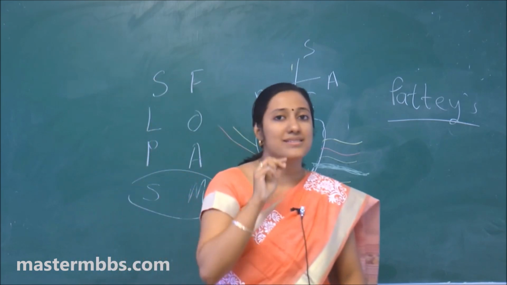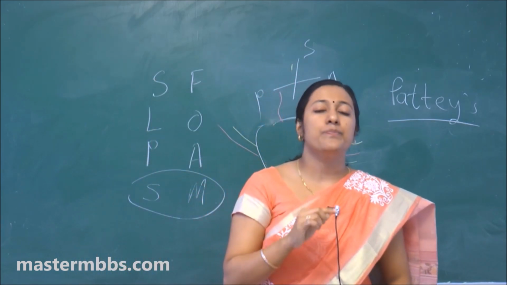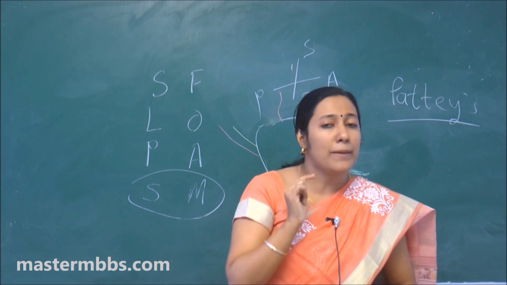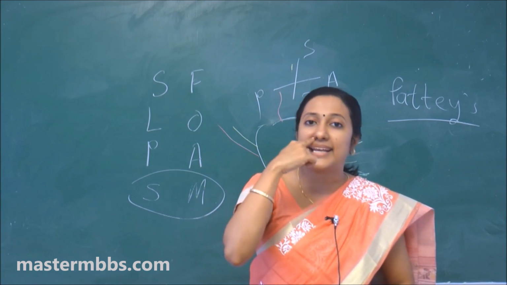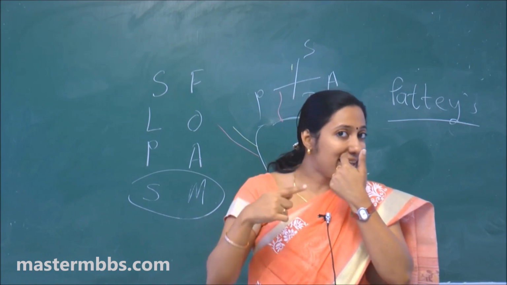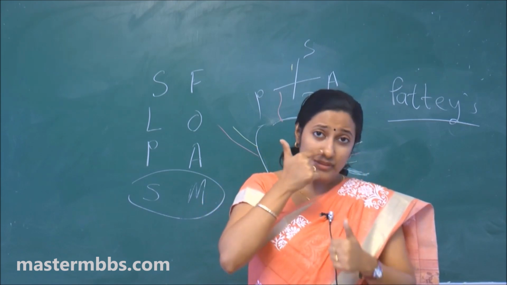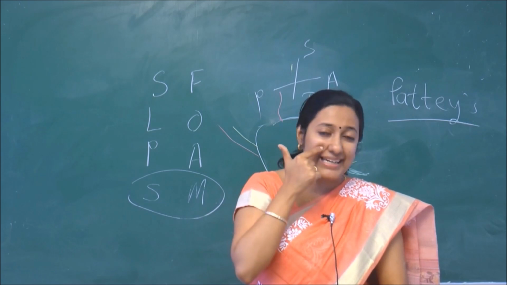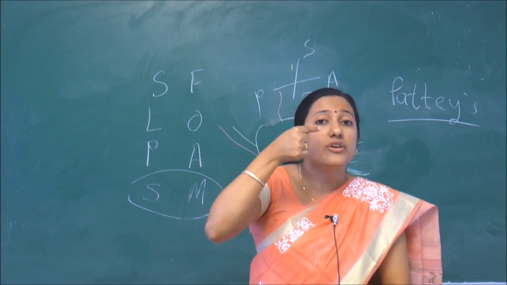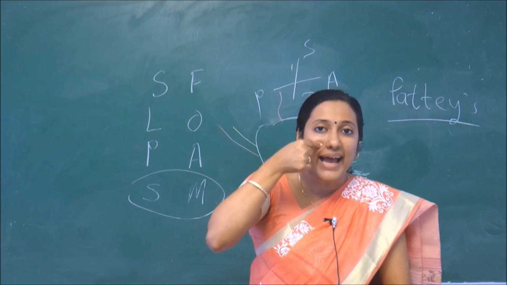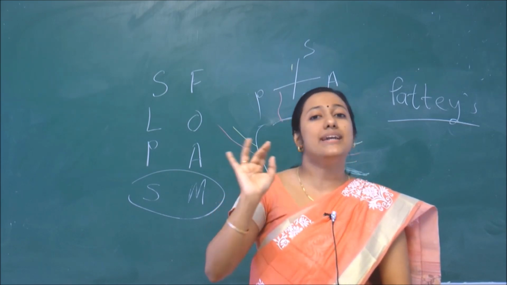So, one point here, one point near the tragus, join these two points and you will get a straight line. The middle third of this line represents the parotid duct.